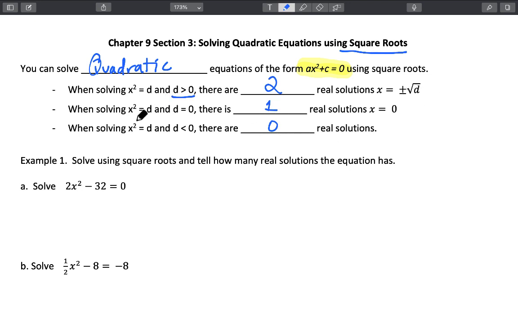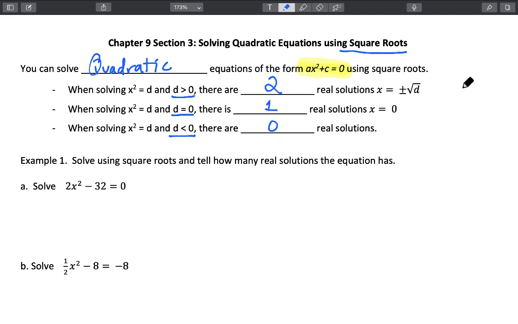However, if we whittle it down to x squared equals some number d, and that number d is equal to 0, then there's only going to be one real solution, and that real solution will be x equals 0. Our third case is when x squared is set equal to d, and d is a negative number. It's less than 0. That's the case where there are going to be no real solutions.